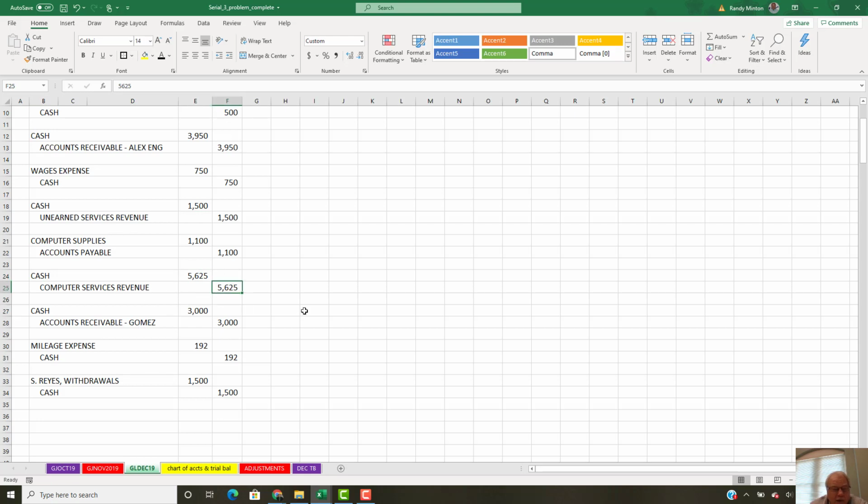And we actually did perform the services here, so it's proper for us to recognize that we have a revenue stream coming in. Revenue is part of equity. It's a part of equity that makes equity go up. Expenses make it come down, revenue makes it go up. So it's going up on the right-hand side here.